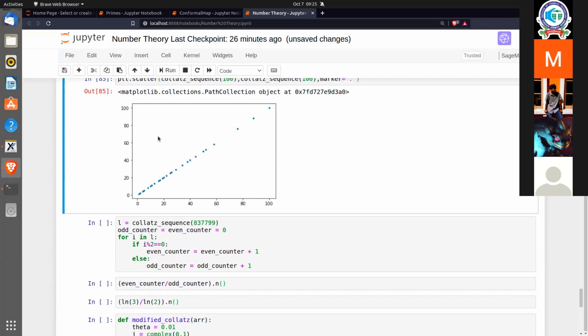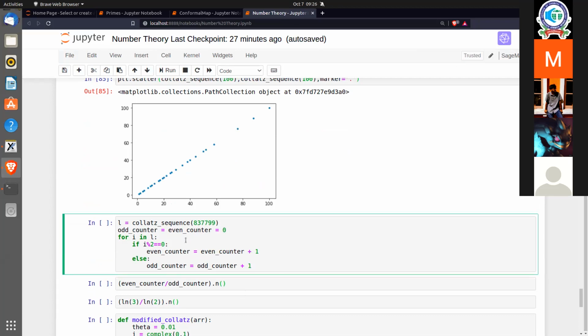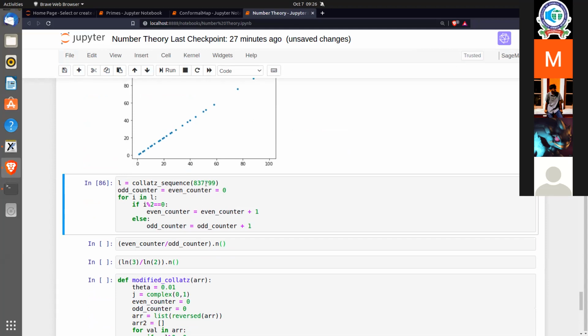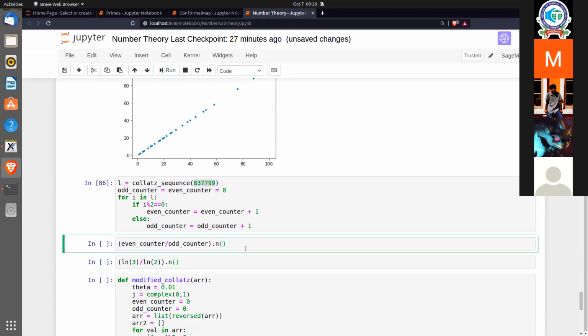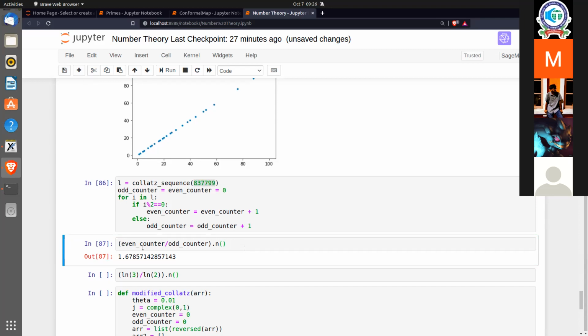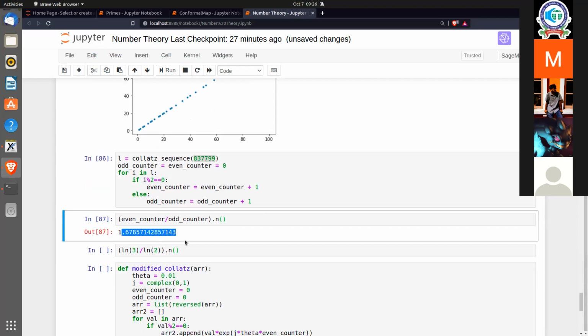So this plot doesn't really tell me much about how the sequence is behaving. So one thing that we can check is, in this sequence, what is the ratio of odd numbers and even numbers in the sequence. So I just defined 2 simple counters here, odd counter, even counter, both of which are set to 0 initially. And every time a value in the sequence is even, I add 1 to the counter. Similarly for odd, right? So run this for this number here. Then if I look at the ratio of even to odd values, I get 1.67.